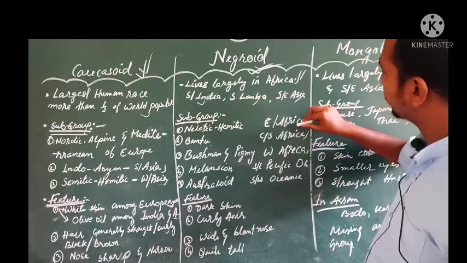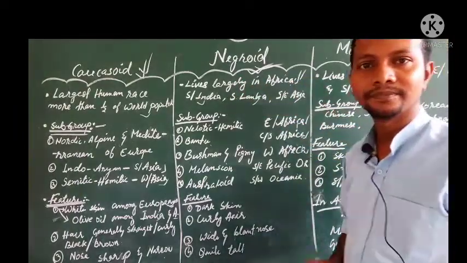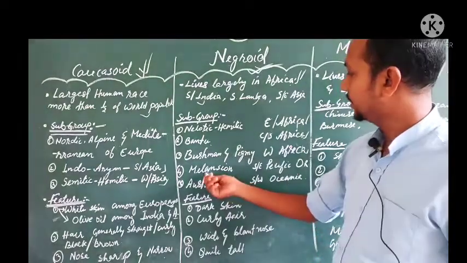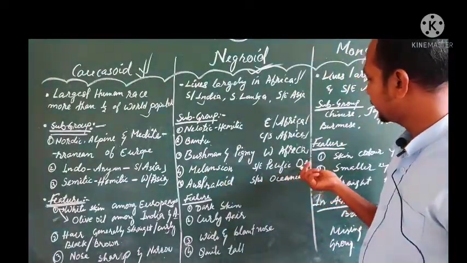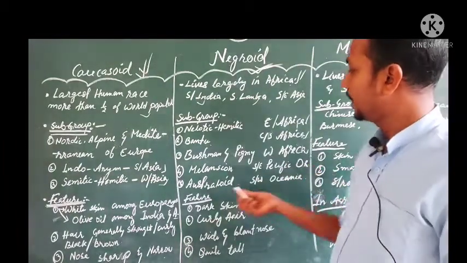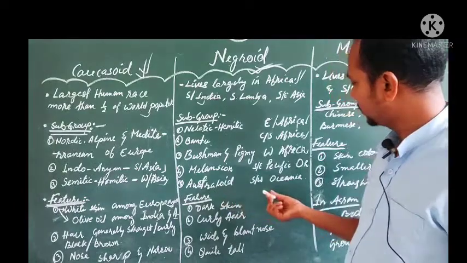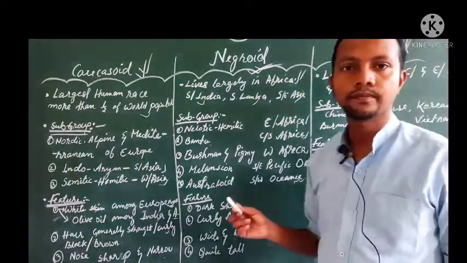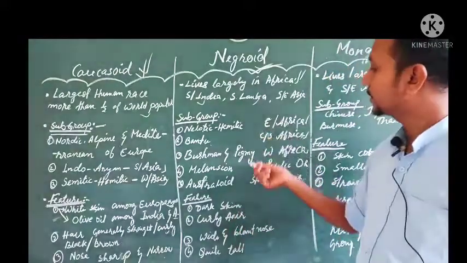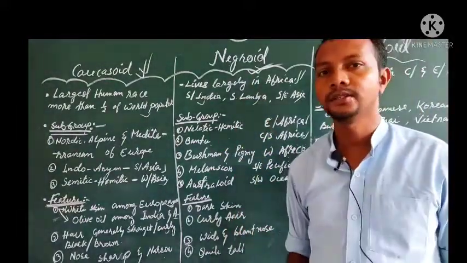Dear friends, you might have noticed all these are in Africa, that is why it is told largely found in Africa. Then next is Melanesian in the Southeast Pacific Ocean region, and next one is Australoid in the Southwest Oceania areas. Okay, so these are the subgroups of this Negroid race. Okay, dear friends.